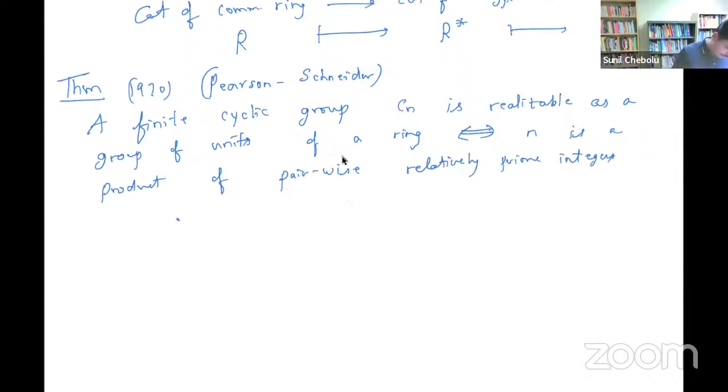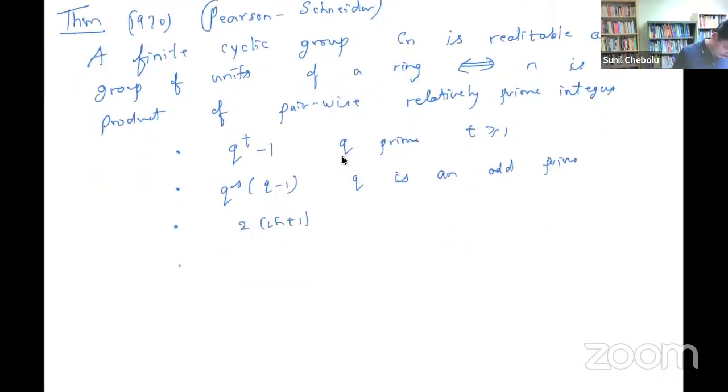So it should be either 1 less than a power of a prime, so Q is a prime and T is at least 1, or it is Q to the S times Q minus 1, where Q is an odd prime, two times 2h plus 1, or 4 times 2h plus 1.